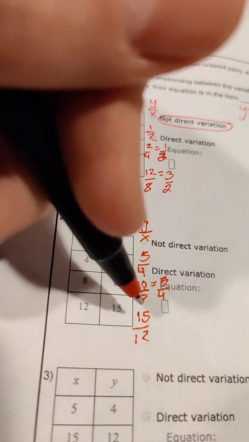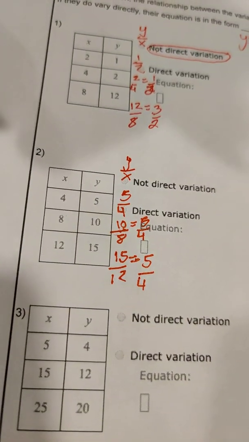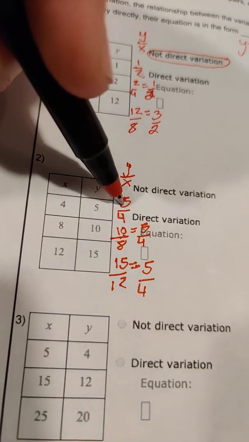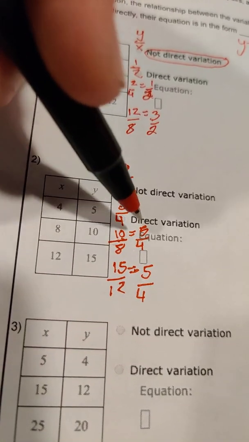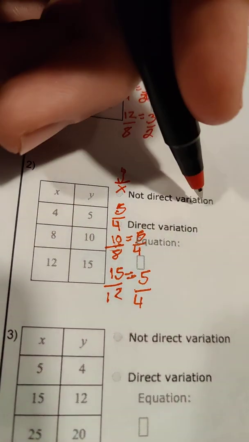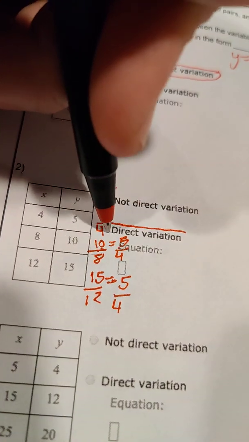And then we have 15 over 12 for the bottom one, and when we simplify that, it is 5/4. So since we have that constant ratio throughout the table, 5/4, 5/4, 5/4, it is a direct variation.